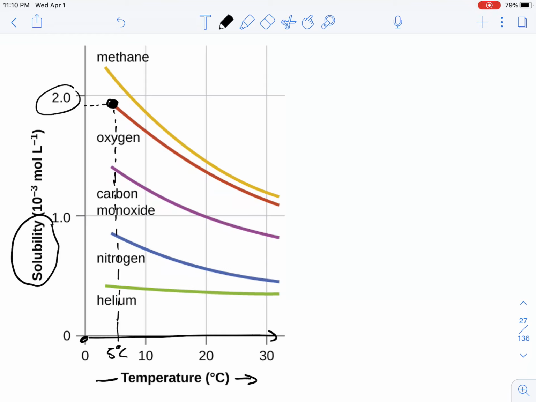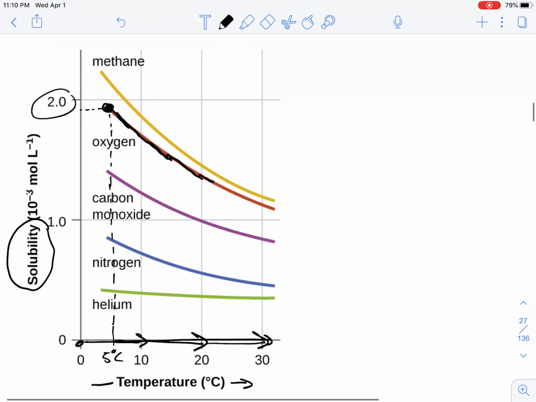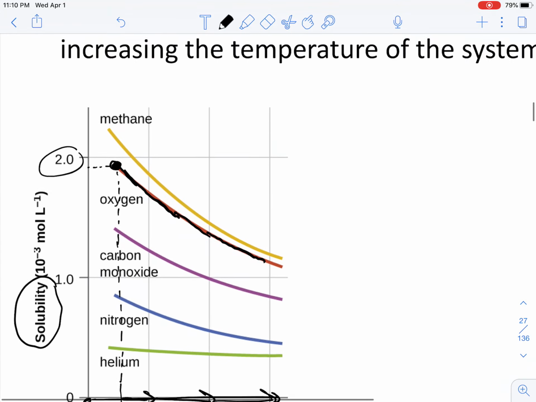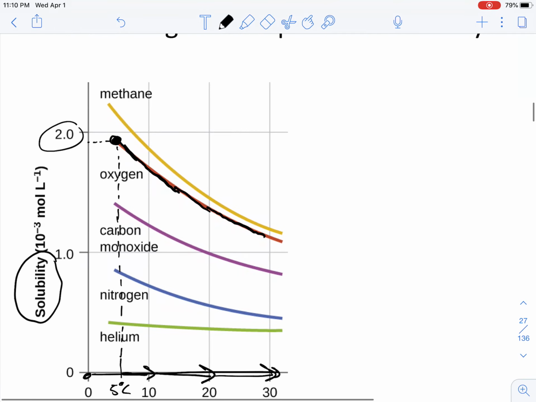But as we start increasing the temperature, as we go from 5 to 10, 10 to 20, or 20 to 30, and we follow the line, notice how the solubility of oxygen is decreasing. So in this scenario, there's going to be an inverse relationship between temperature and the solubility of gases, whereas for ionic solids, there's a direct or proportional relationship.